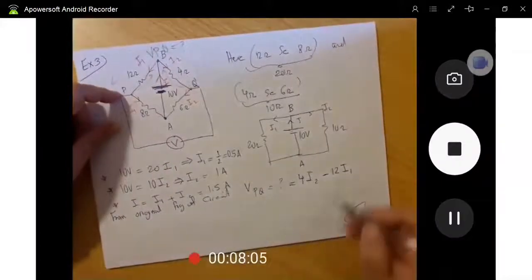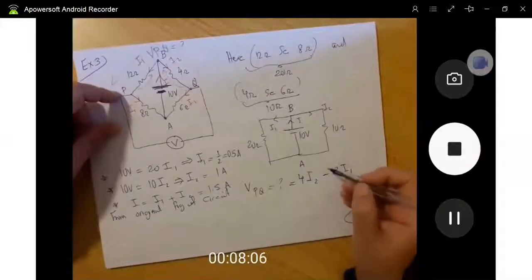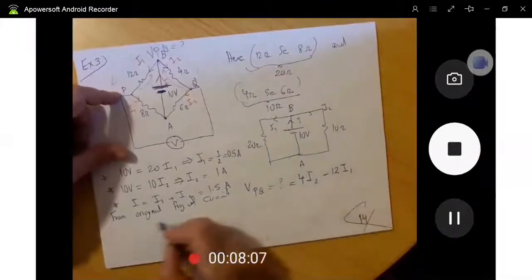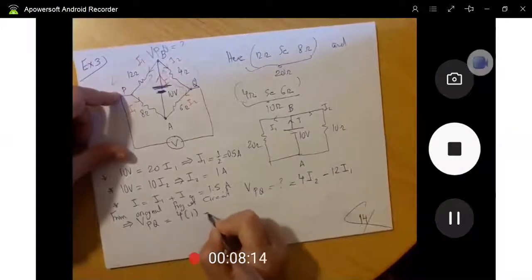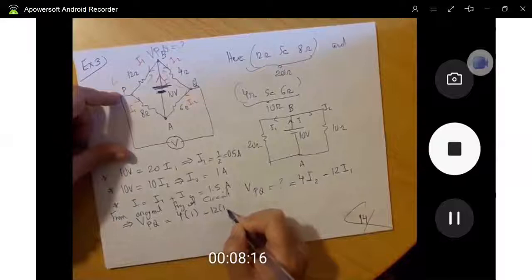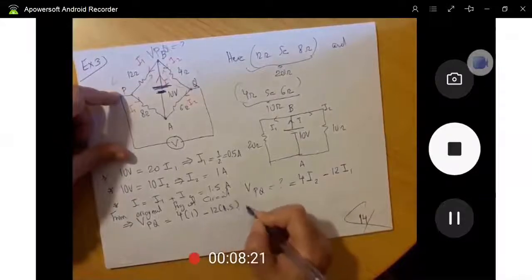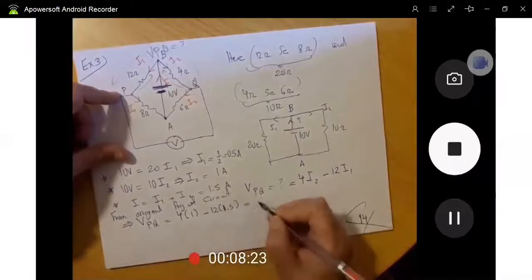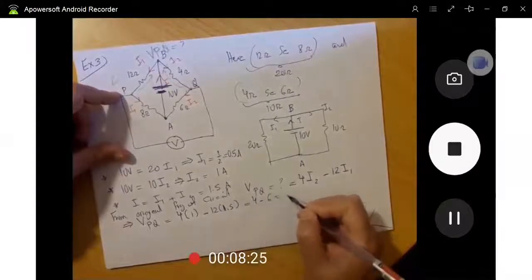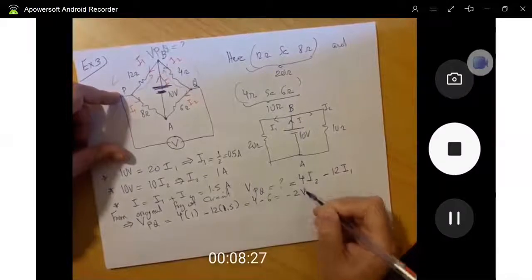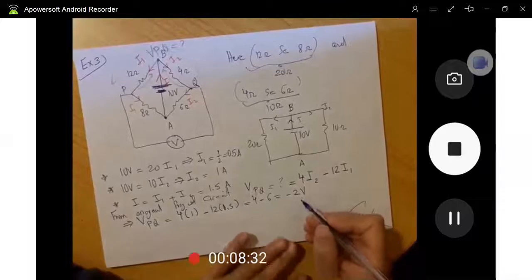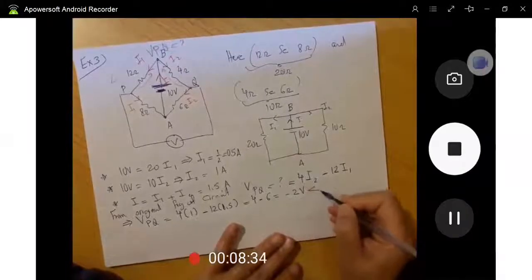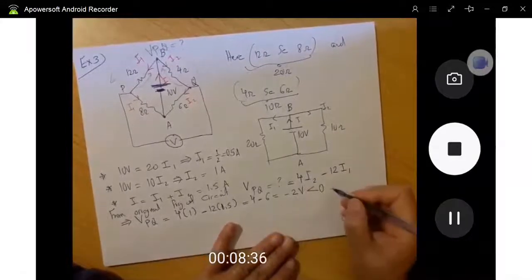By substituting, VPQ equals 4 times I2, which is 1, minus 12 times I1, which is 0.5 amps. This is equal to 4 minus 6, which is minus 2 volts, which means it is less than 0.